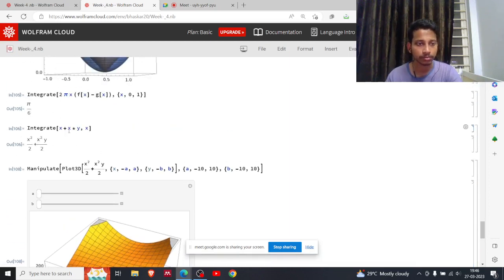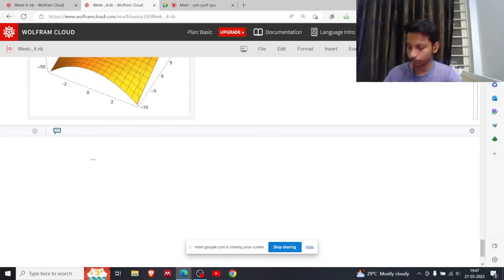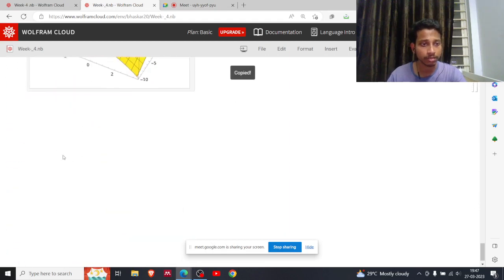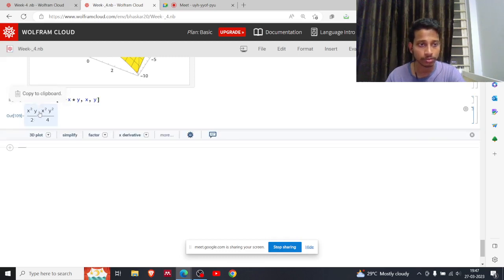So here I am just doing the 3D plot of this function and then manipulating it with respect to the range of the axis, x from minus a to a, y from minus b to b, and the range of a is minus 10 to 10, b also minus 10 to 10. Now I will copy the same function and do the integration with respect to both the variables. Now we will get x square y plus x by 2 plus x square y square by 4.